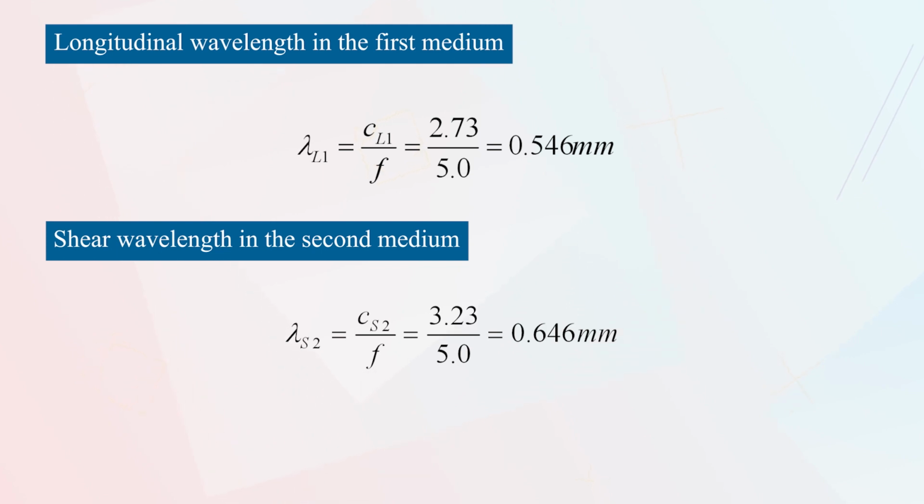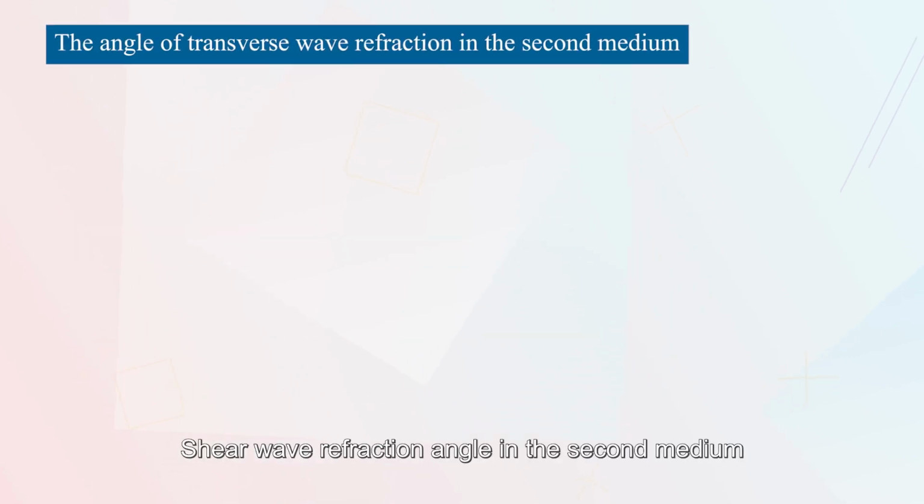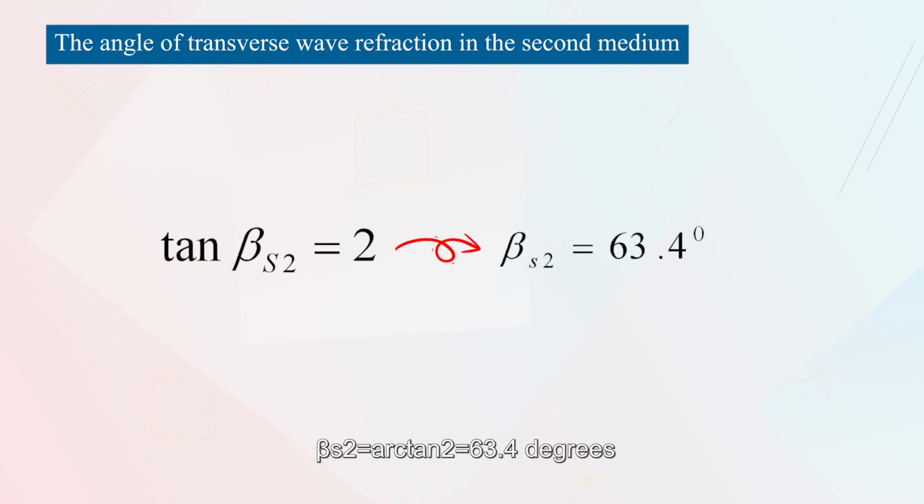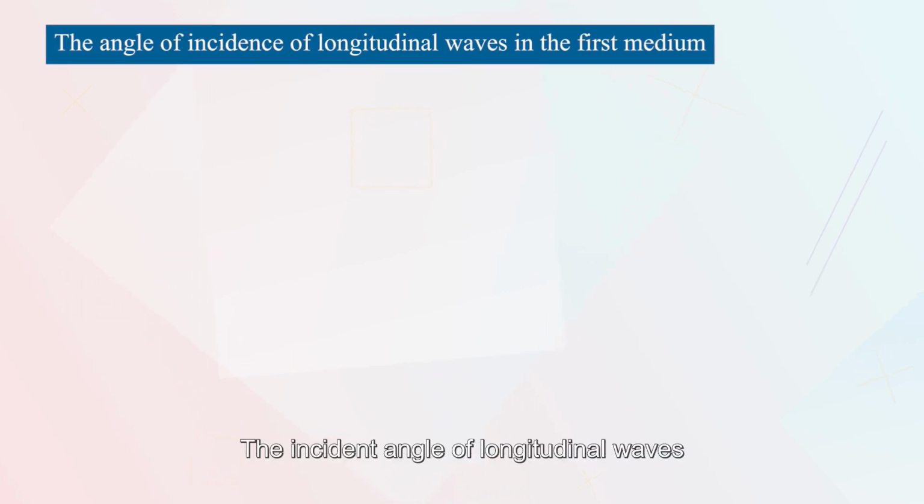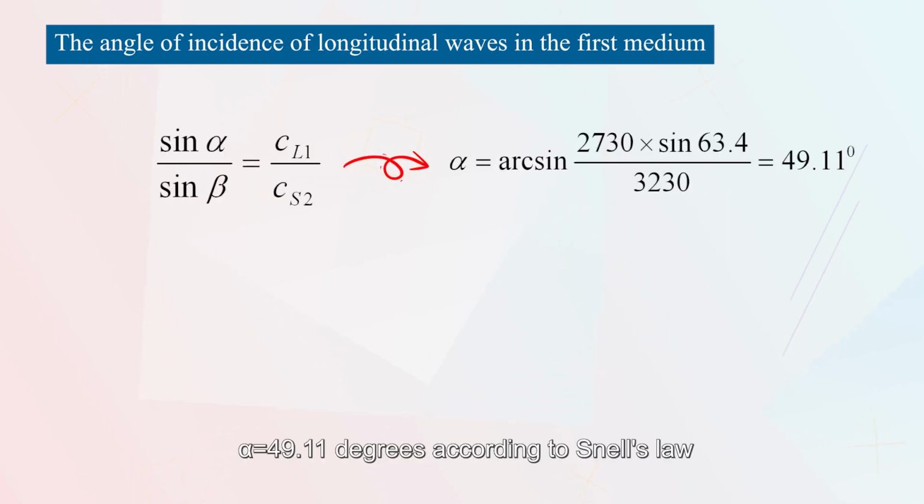Shear wave refraction angle in the second medium, beta s2, is equal to arctangent 2, which is equal to 63.4 degrees. The incident angle of the longitudinal wave in the first medium, alpha, is equal to 49.11 degrees according to Snell's law.